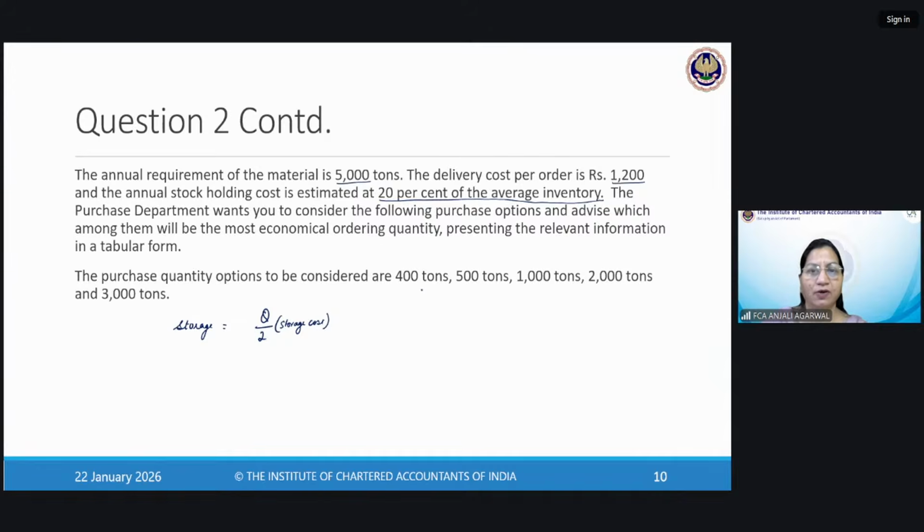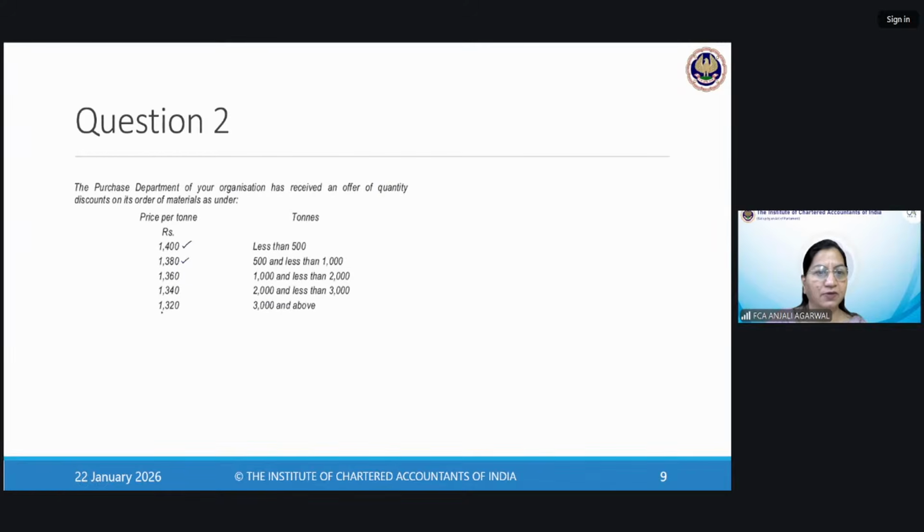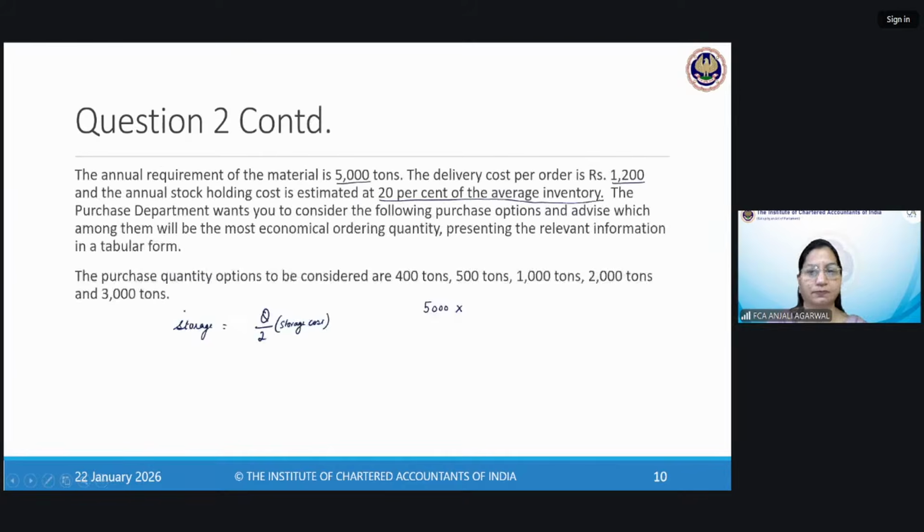So let's say if I order 5,000 units, then the raw material price is going to be 1320. So my total investment will be 5,000 into 1320. This will be my total investment, 5,000 units ordered in one go. What would be my average investment? 5,000 into 1320 divided by 2.